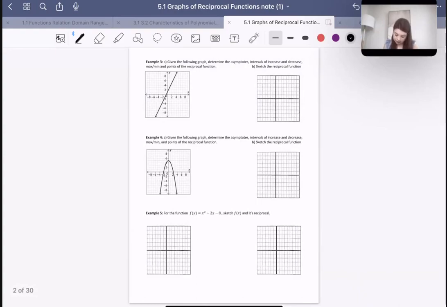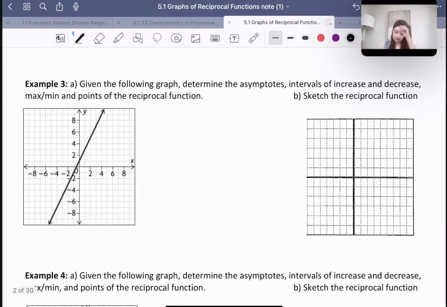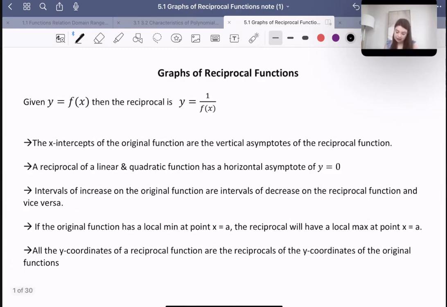All right, let's do a few more examples. Example 3 says, given the following graph, determine the asymptotes, interval of increase and decrease, min/max points, and the points of the reciprocal function, and then sketch the reciprocal function. Okay, so first things first, let's refer back to our list. It says x-intercepts on the original function are vertical asymptotes of the reciprocal function.